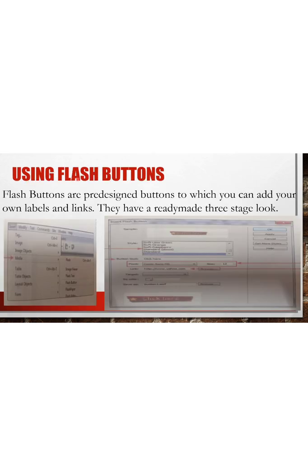Flash buttons. So what are flash buttons? These are pre-designed buttons to which you can add your own labels and links. So by using the flash buttons option, you will be able to design or add your own labels and links. They have a ready-made three-stage look. One is the before stage, the second is the push down stage, and the third is the after stage.